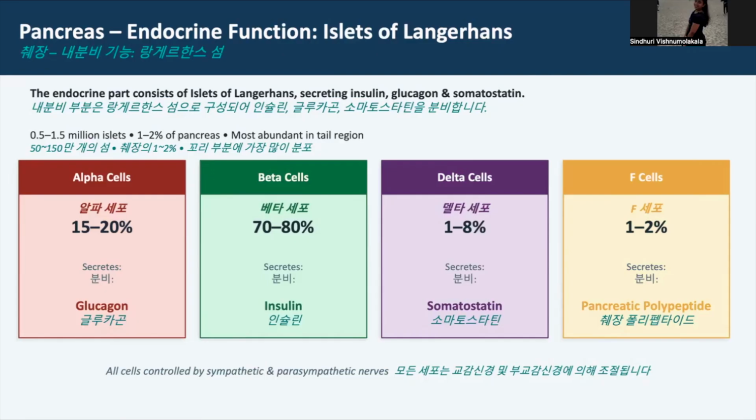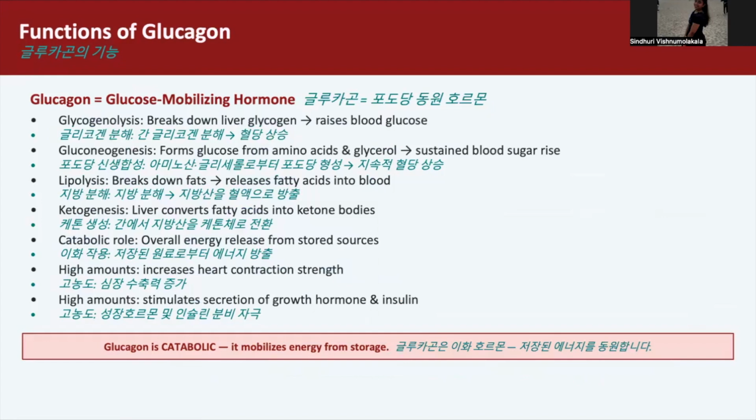These cells are innervated by both parasympathetic, which is vagal, and sympathetic nerves, and can readily influence their secretory activity. First, let's understand the function of alpha cells that release glucagon.